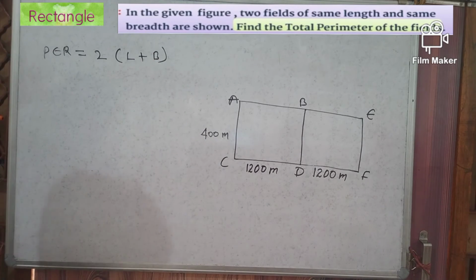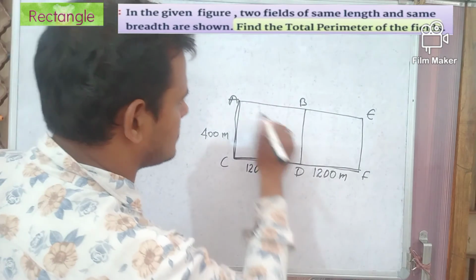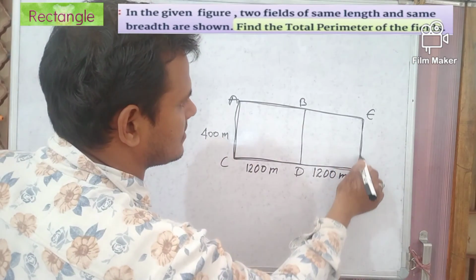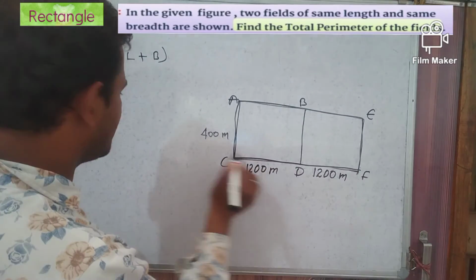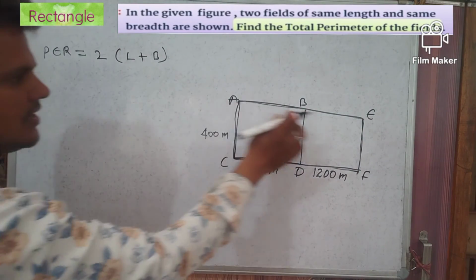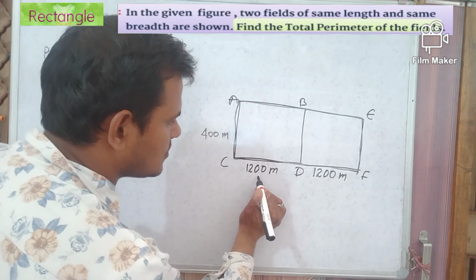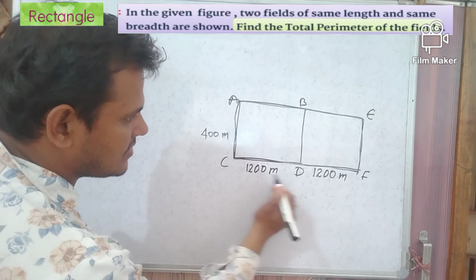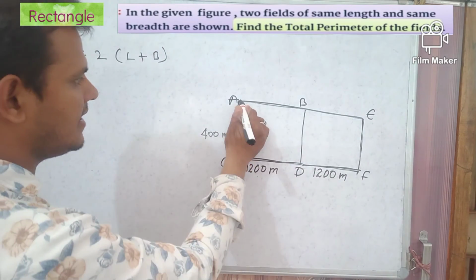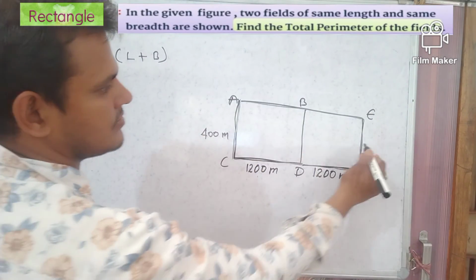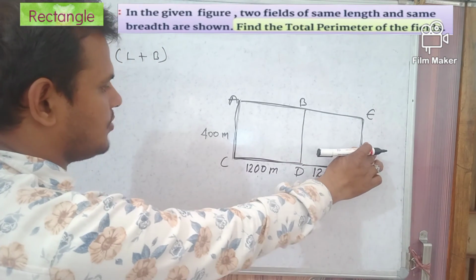Now see here, we need the total perimeter. AECF is a rectangle. This length is 1200 meter and this length is also 1200 meter, and the length is the same. So breadth is 400 meter.